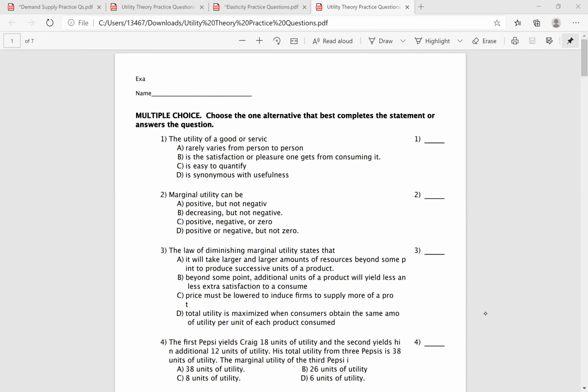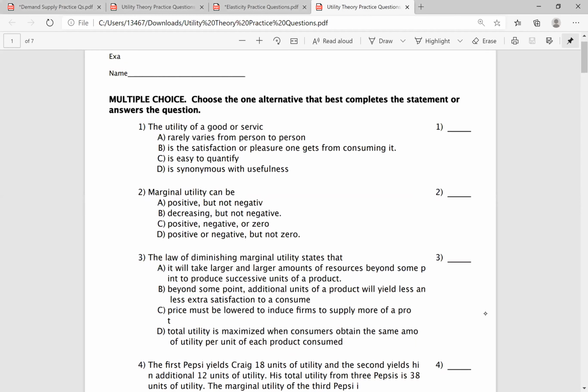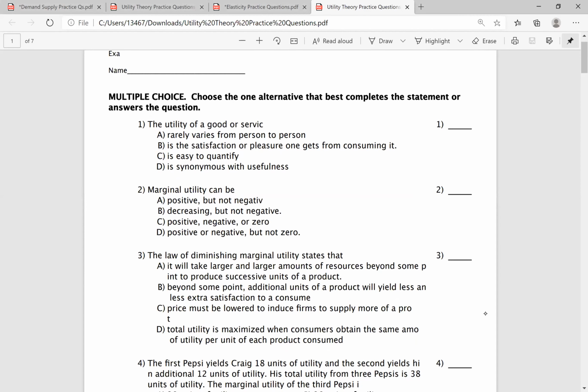Utility theory practice questions. So here we go. Here is a set of questions that we need.